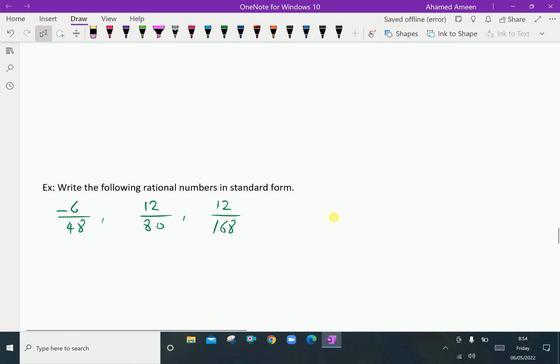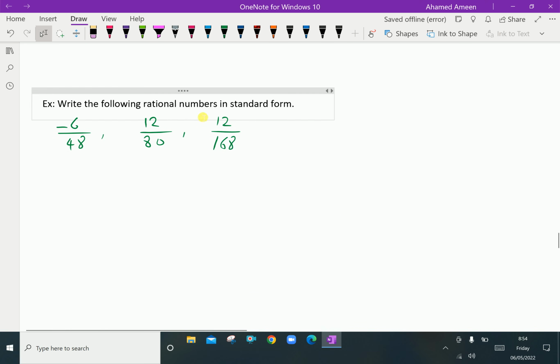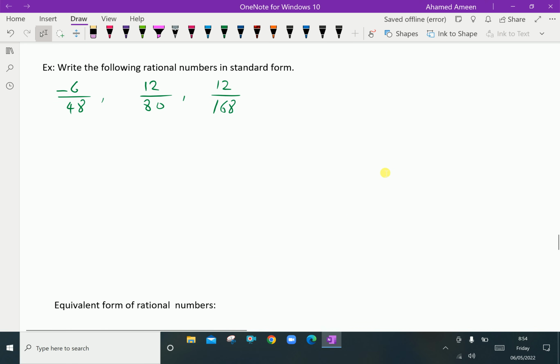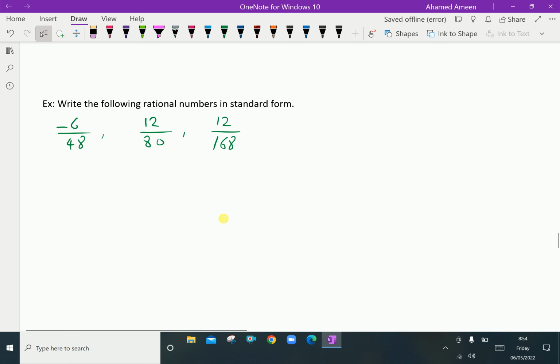Next, write the following rational numbers in standard form. Here, first minus 6 over 48. The minus is on top, so we have to divide both numerator and denominator by 6. 1 6 is 6, 8 6s are 48.